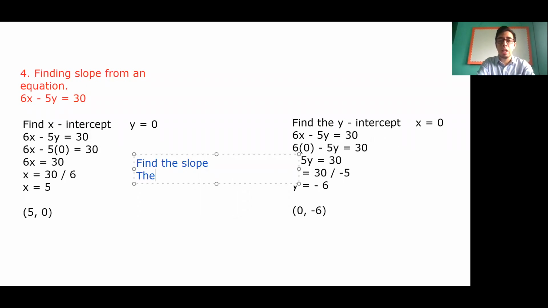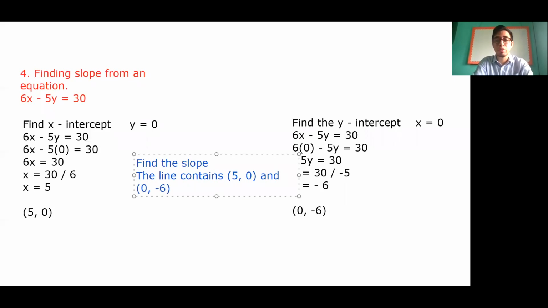You have that the line contains the points (5, 0) and (0, negative 6). I'm going to write this below so you can see it better.